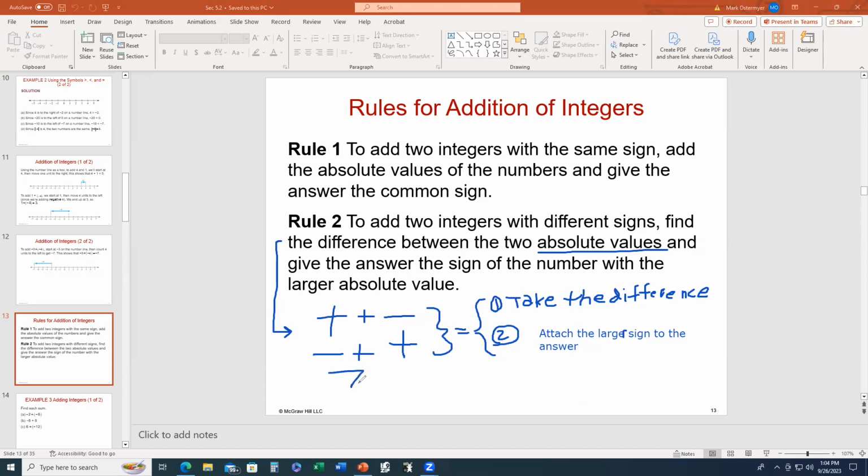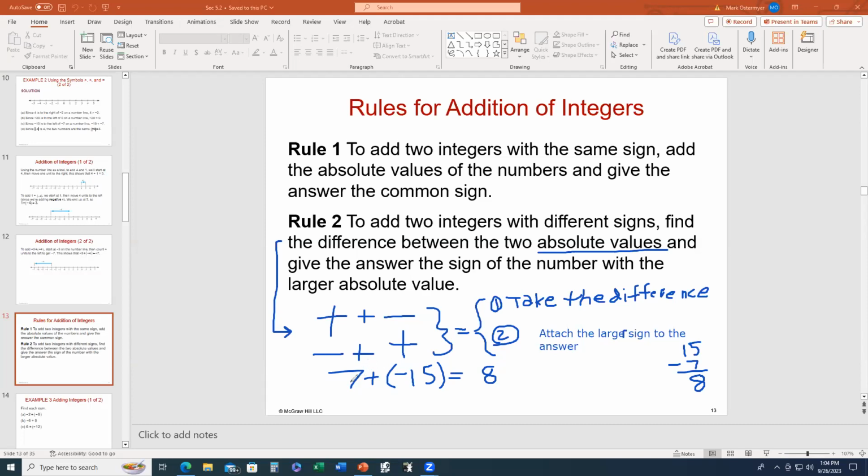If I got 7 plus negative 15. A positive 7 added to a negative 15. First, we take the difference. What's 15 minus 7? It nets us an 8. Now, which number is larger, 7 or 15? 15.